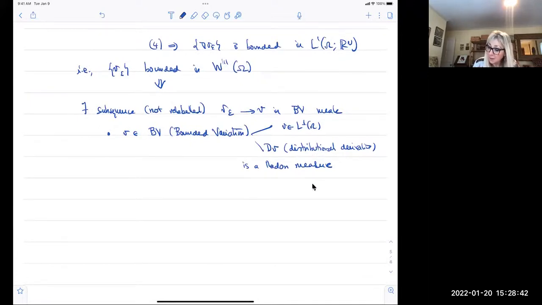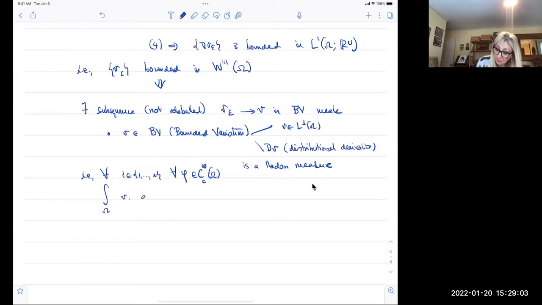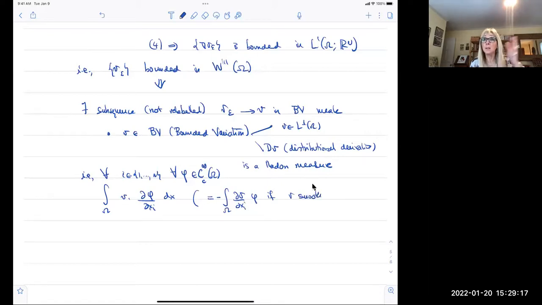But basically, this means that for all i between 1 and n, and for all test functions phi, say C^1 with compact support in omega, if I integrate v times d phi/dx_i, this would be dv/dx_i times phi if v was smooth, because you integrate by parts and the boundary term is 0 since the test function has compact support.